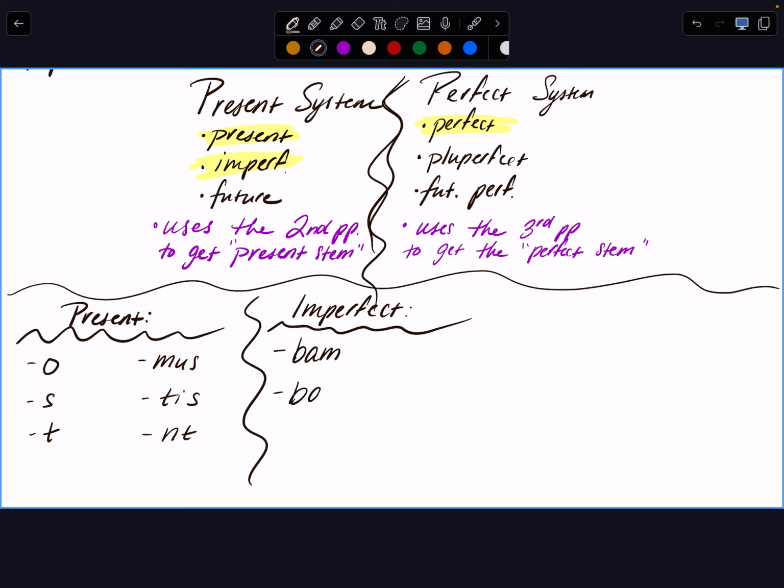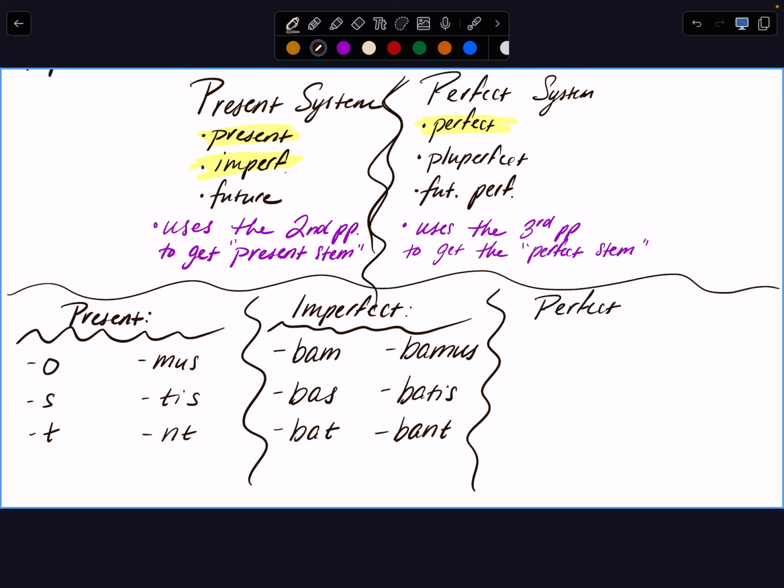Yep. Okay. Now the perfect tense is easy, although it might not seem so at first. Okay, the endings are as follows.